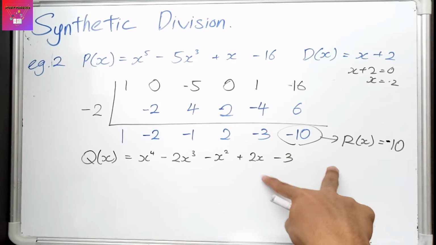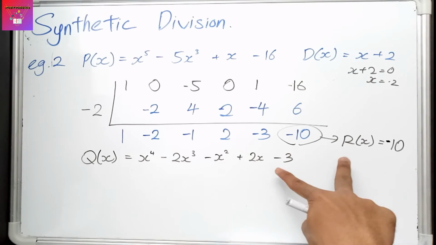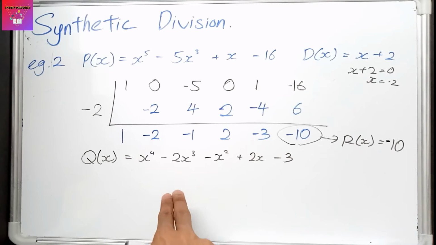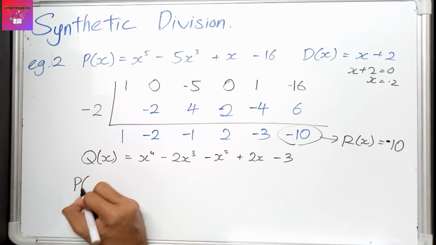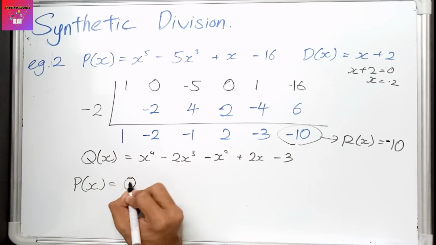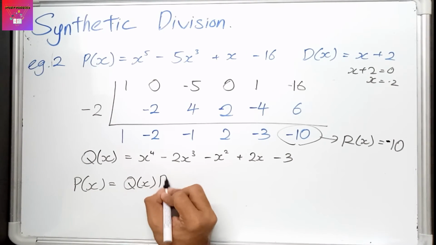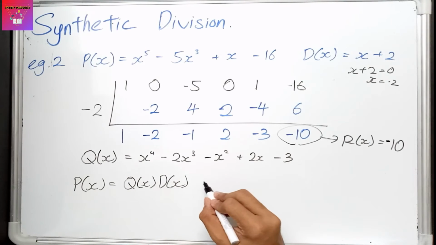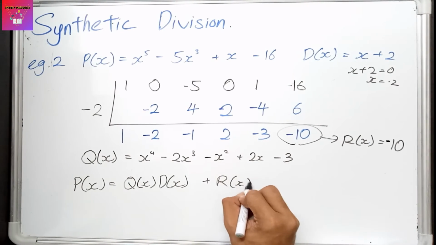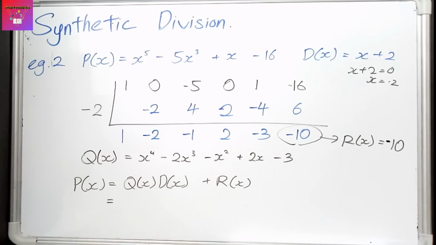After you've got this value, what we are going to do is write it down in the division form as we saw in our previous video, which is p(x) equals q(x) d(x) plus r(x). So how do we do this? We are going to just substitute everything inside.